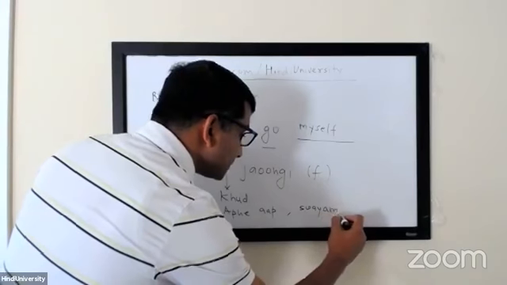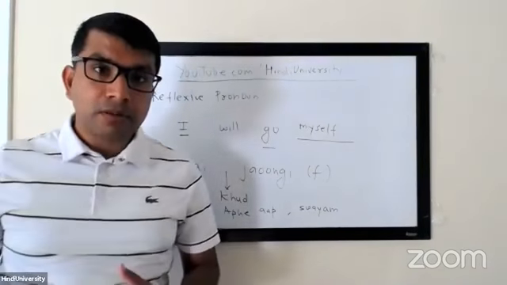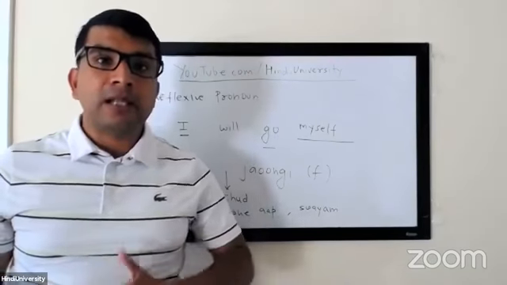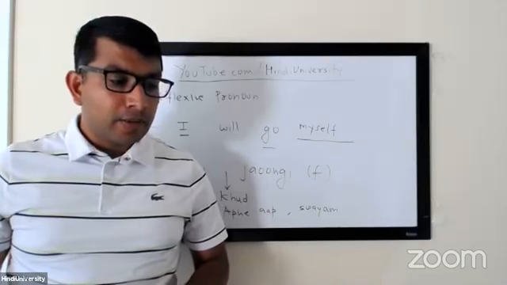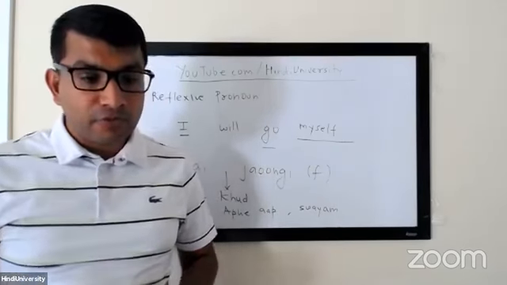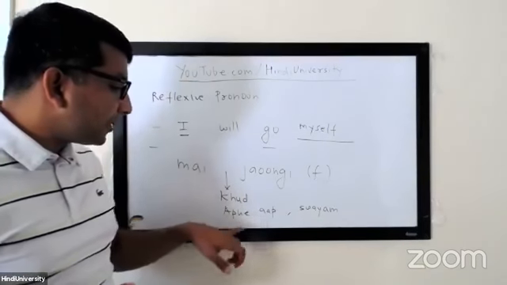Now, as I said, swayam is more formal, so you can use it, but as long as the rest of your Hindi is also in alignment, so that way it makes perfect sense. If you are a very beginner, I definitely would recommend you use khud or apne aap.